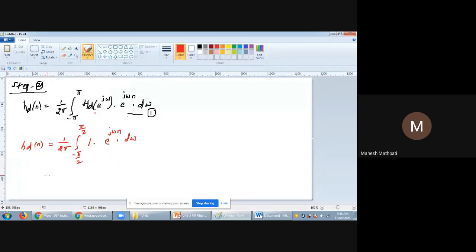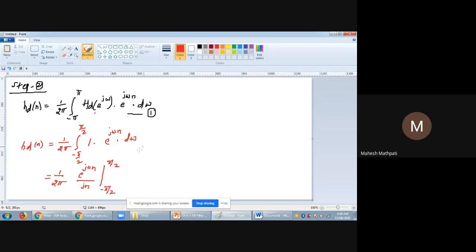Now let us simplify this. It equals 1 by 2 pi times the integration of e power j omega n with respect to omega, which is e power j omega n divided by jn, with limits minus pi by 2 to plus pi by 2.